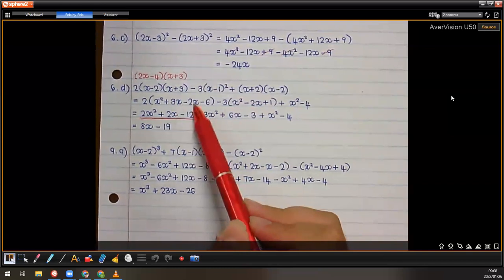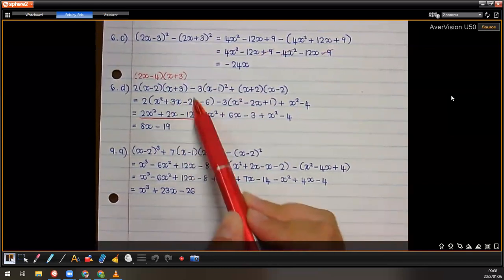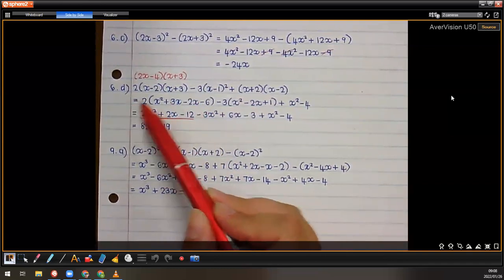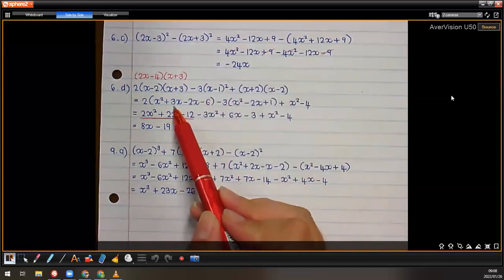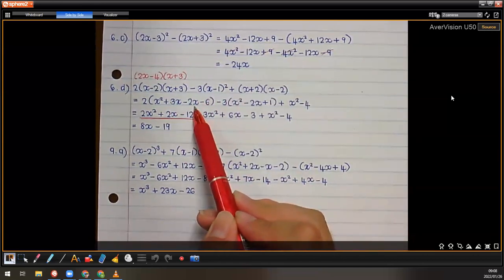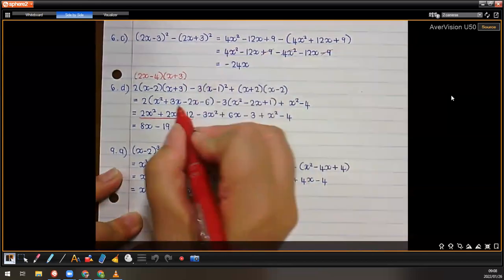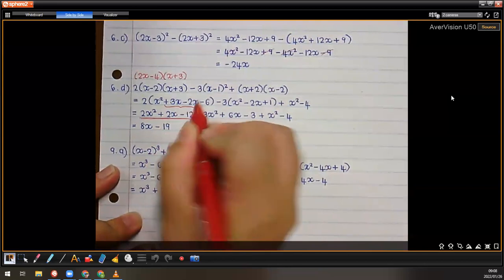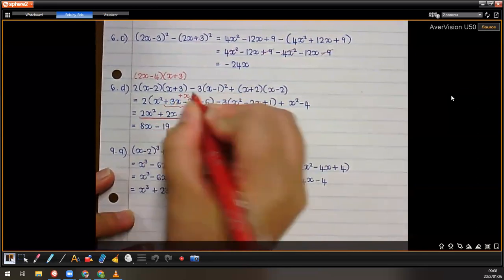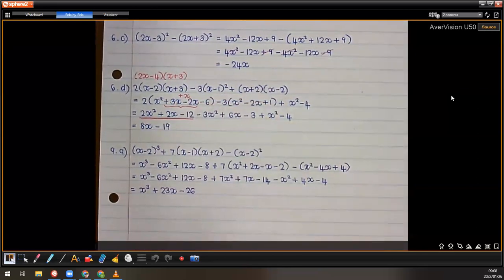And from this line to this line, I just did some simplification in my head because I didn't feel like writing everything else just for simplifying 3x minus 2x, right? What is 3x minus 2x? x, right? So these 2 together will just give you plus x. Are we fine with that? So in the bracket, actually, we have x squared plus x minus 6. We simplify that.